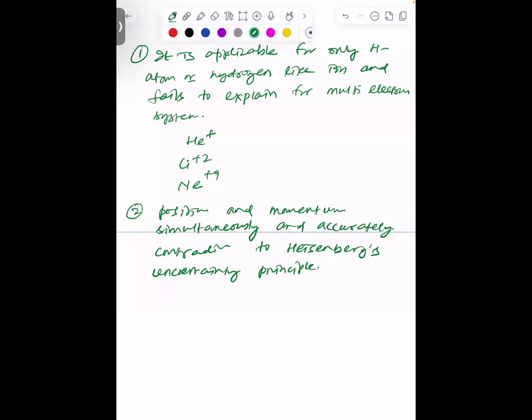But according to this model, the position and momentum of the electron can be measured simultaneously and accurately. So it is contradictory to the Heisenberg uncertainty principle.